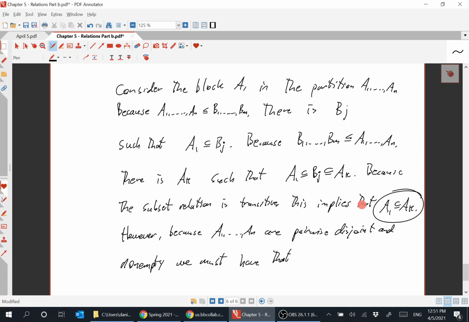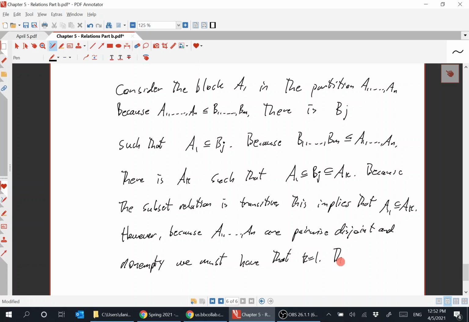So this means what? It's not a contradiction. That K is 1. Yeah, exactly. We must have that K is 1.